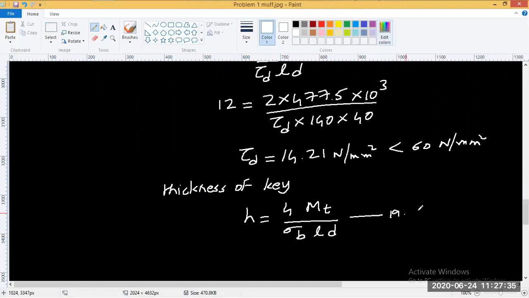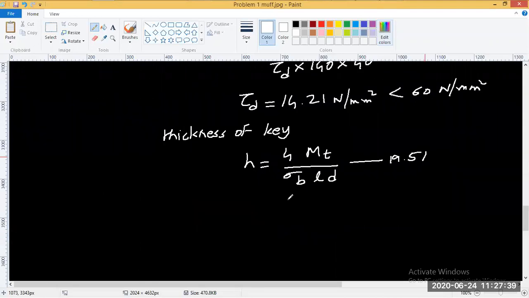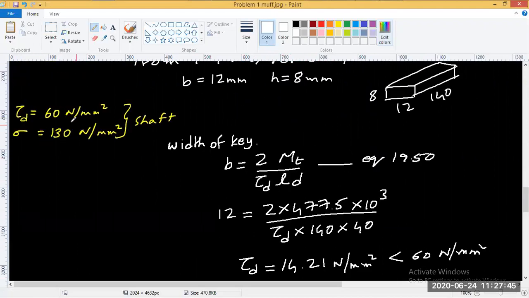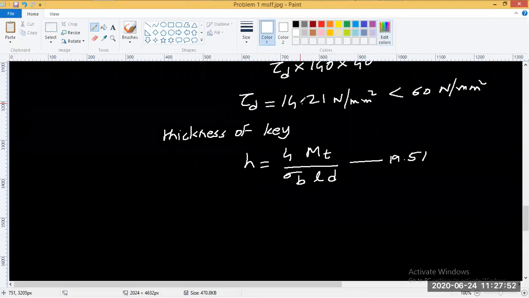This is equation 19.51 according to data handbook. Again, keep everything substituted except sigma b. We just need to check whether it is falling below this or above this. So h is 8.